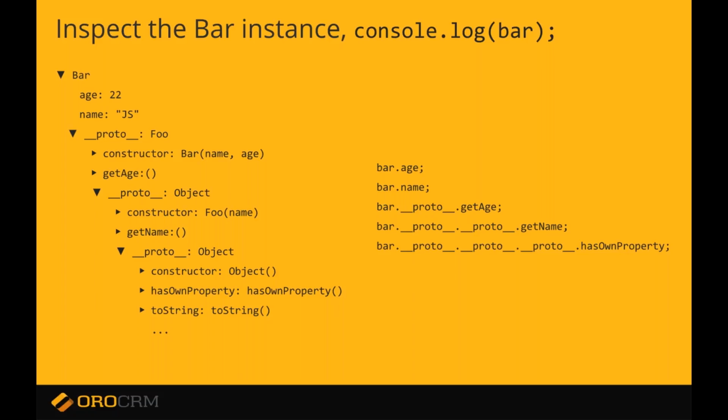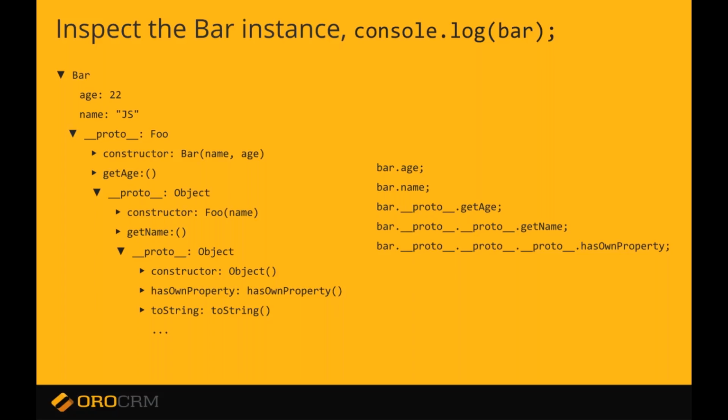In its turn, the magic __proto__ references the object with methods constructor and get name. And finally, that object has a __proto__ property that references the basic object prototype. And on the right side of the screen, you can see how our chain looks.